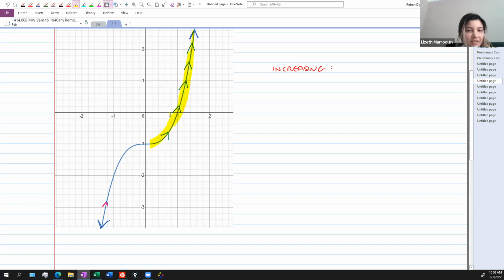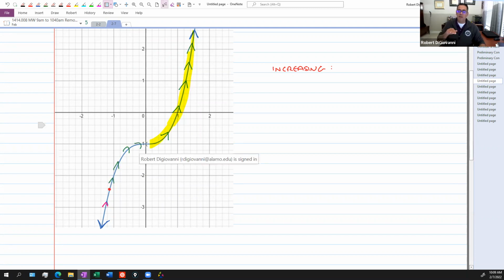Yeah. But remember, you're always reading this like a book from left to right. So if you were to pick a point over here, it would also be increasing there. Now, just for a moment here, this is the part that makes it tricky. Just for a moment, it looks like you flatten out, right? When it comes to being constant, you have to be constant on an interval. To say it's ever constant, you have to be flat on an interval.